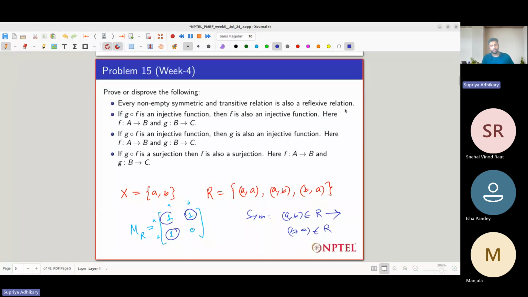Similarly, AA belongs to this relation, which will also be true. So this is definitely a symmetric relation. Now, what about the transitivity?